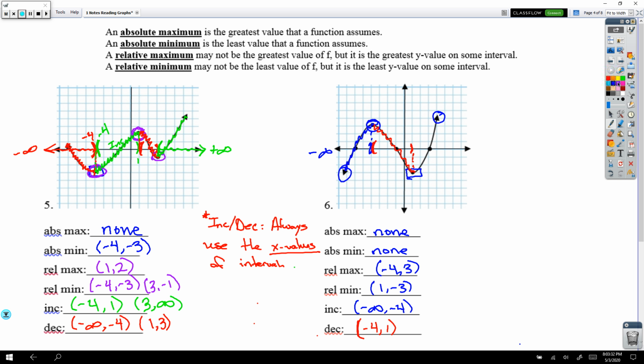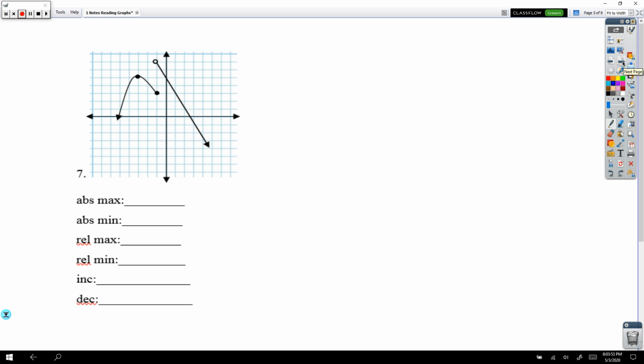And then increasing here and then to the right to positive infinity. So increasing from 1 to infinity. All right. Again, you can check -infinity to -4, then -4 to 1, and then 1 to infinity. So I'm good. All right.